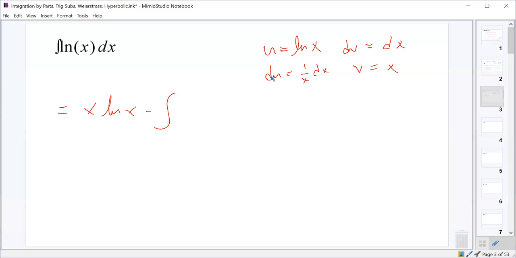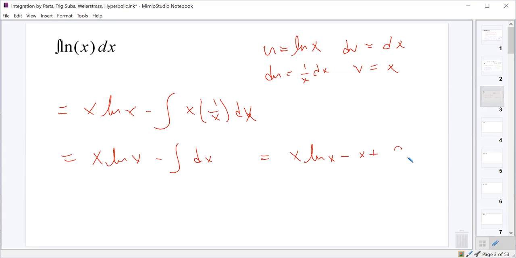So x times 1 over x dx, and we end up with x ln x minus the integral of 1 dx, which is just x ln x minus what's the integral of dx? x. So minus x plus our constant. Good or no?